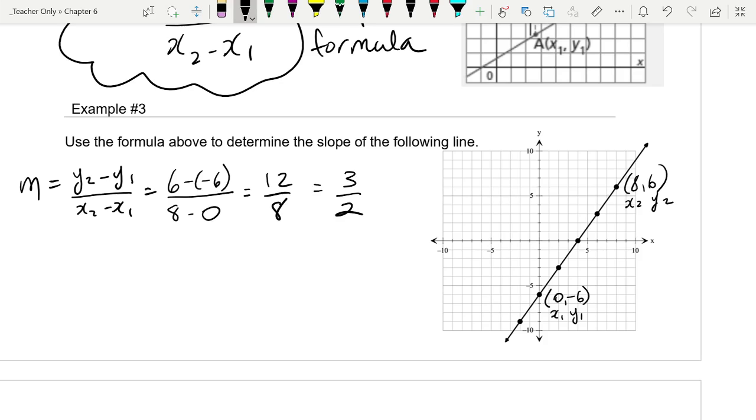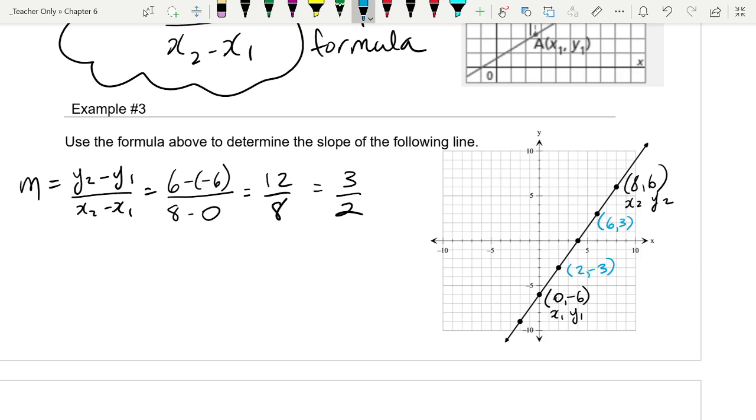What's cool about this is it shouldn't have mattered which points I picked. Let me pick a couple of different ones. In fact, how about I pick two that are closer together? Got a different color? I'll do these ones in blue. Let's say I pick this point. This looks like it is 6, 3. And this guy here is 2, -3.